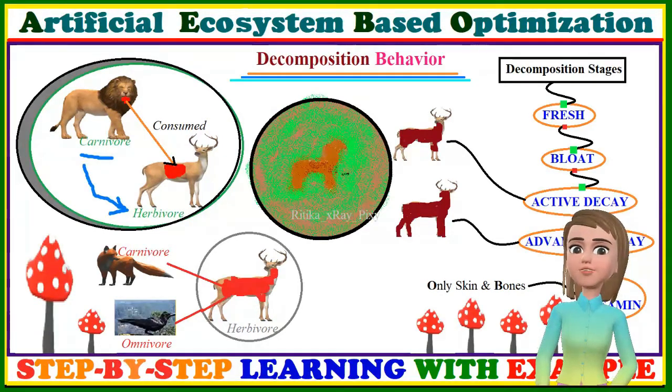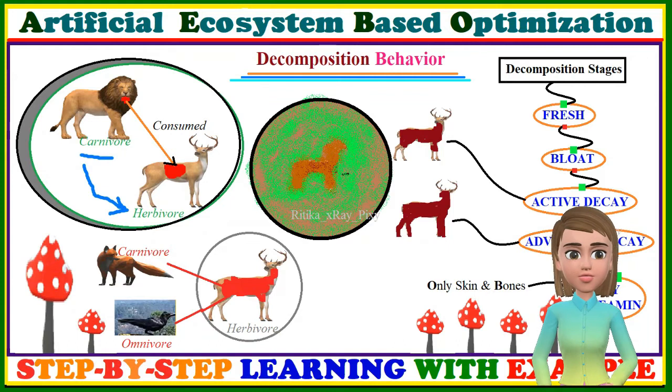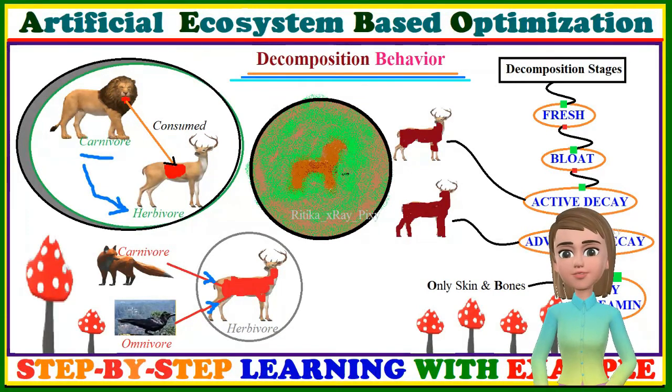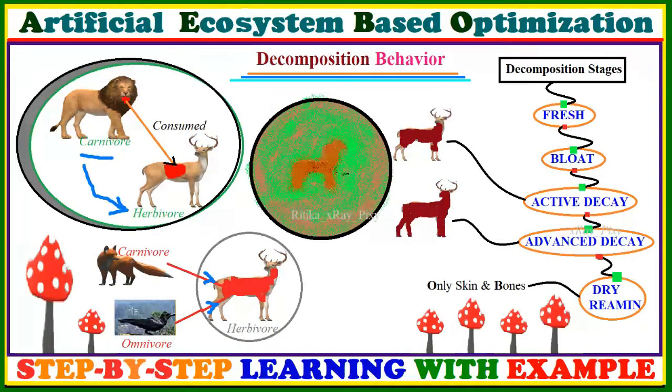And here we have herbivore, and suppose it is consumed by the carnivore and the leftover is consumed by other consumers like carnivores and omnivores. After death, we have the decomposition stages.